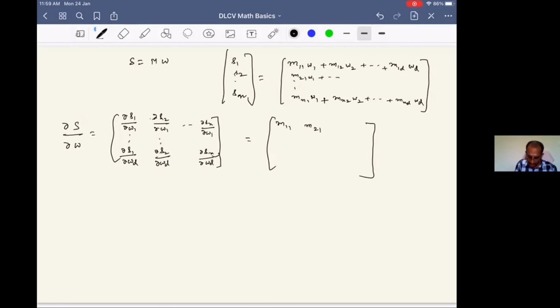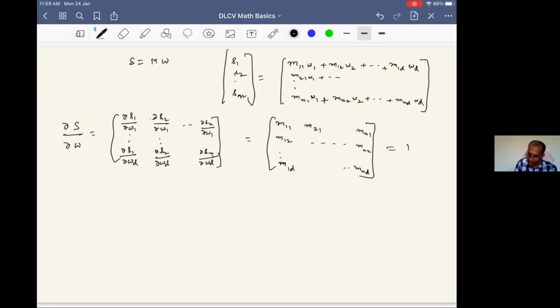Similarly dou Sn by dou W1 is Mn1. Now similarly, dou S1 by dou W2 is M12 and so on, and dou Sn by dou W2 is Mn2, and so on up to M1d and Mnd.